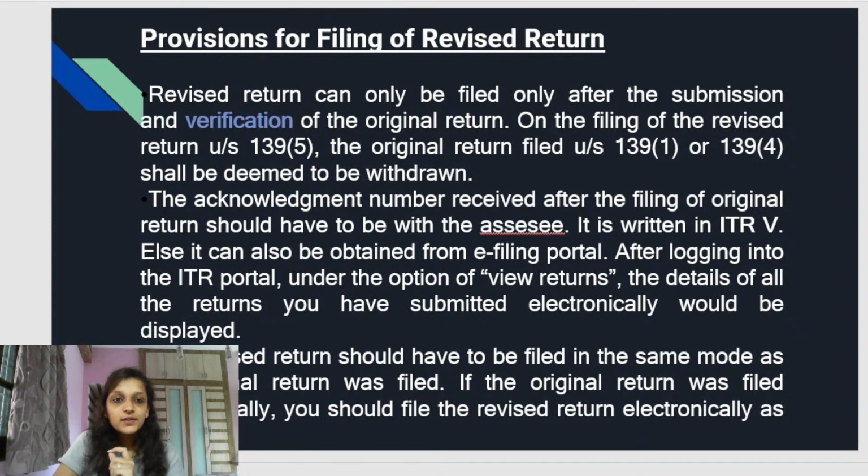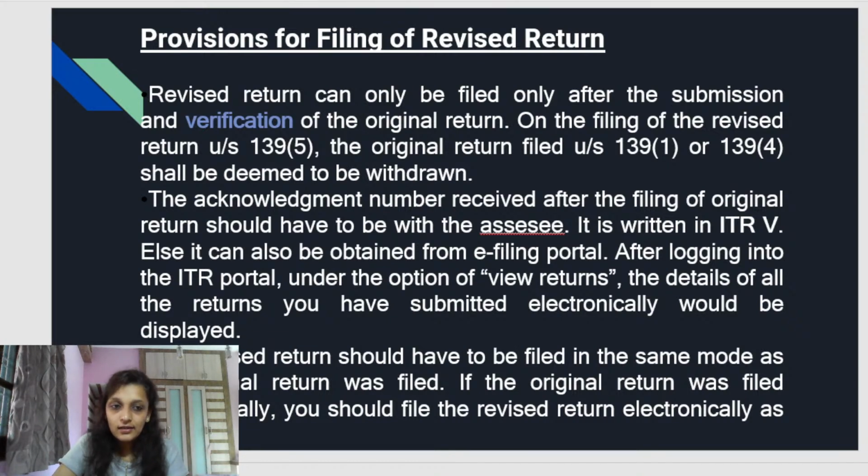When you choose the income tax return, the income tax return page opens. Then in that you will see the option of assessment year. Then select the mode, online or offline, whatever scenario you are comfortable with.